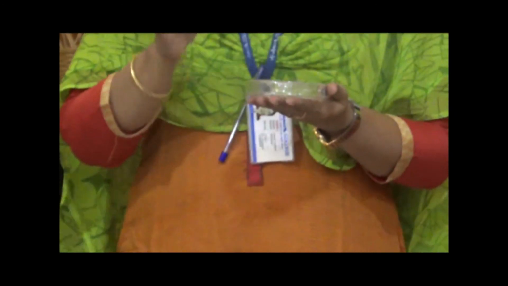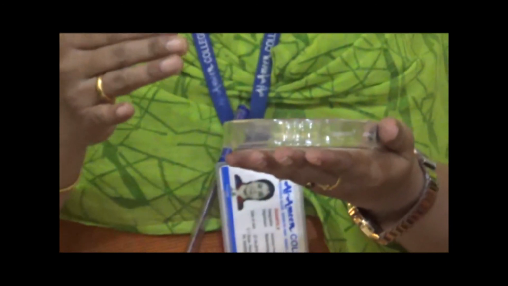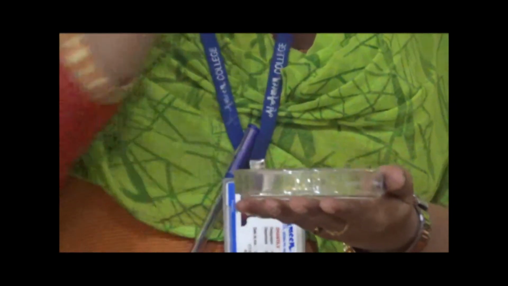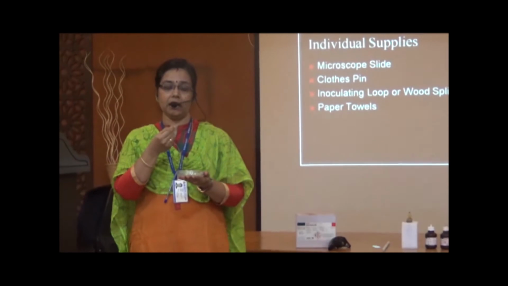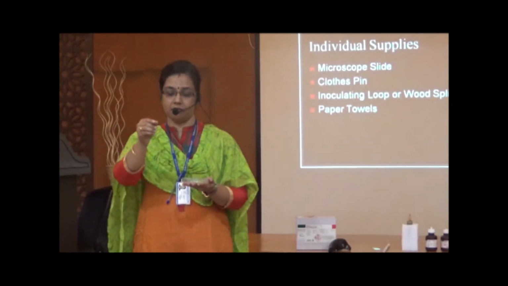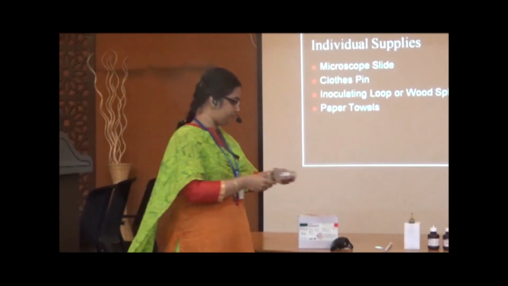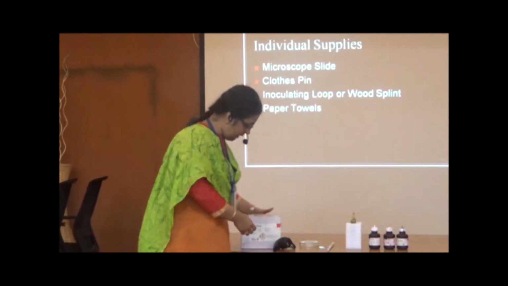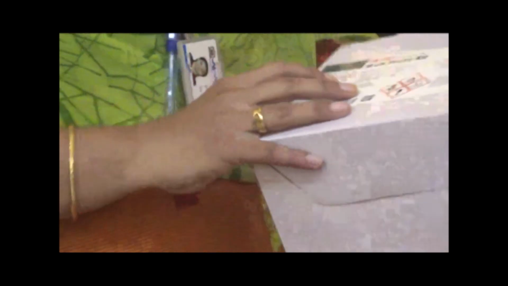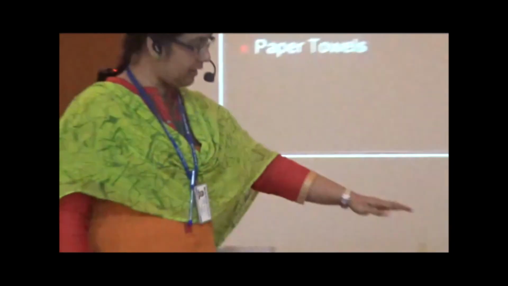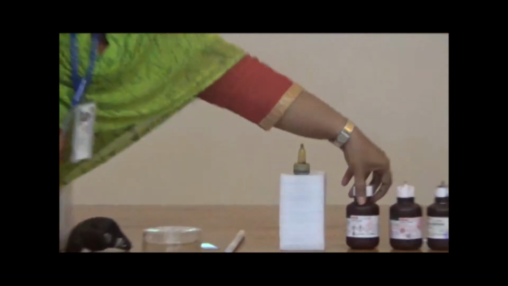It's a culture sample in which the organism for observation is grown, and with the help of the nichrome loop, we can take a single inoculum from the medium and prepare the smear. This is a gram staining kit used for gram staining, in which different types of chemicals are present.